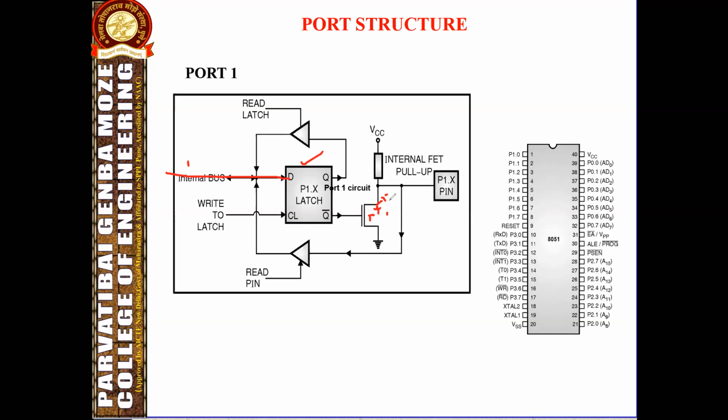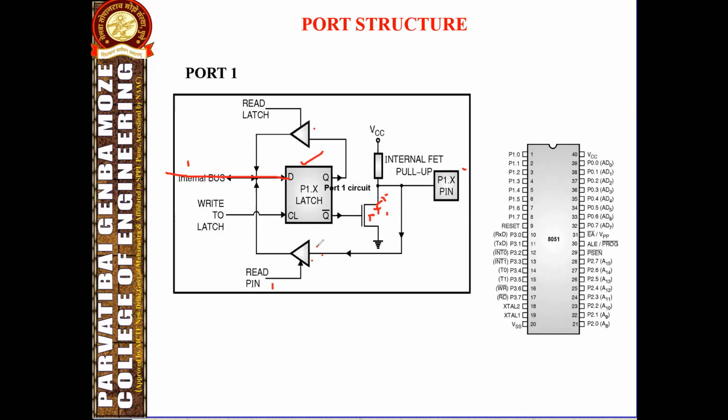The output of the FET transistor is connected to the pins. Here 2 tri-state buffers are used. This tri-state buffer is used for reading the pins. We can read the data on these pins by using this buffer. If we make these pins high, we will be able to read their data.